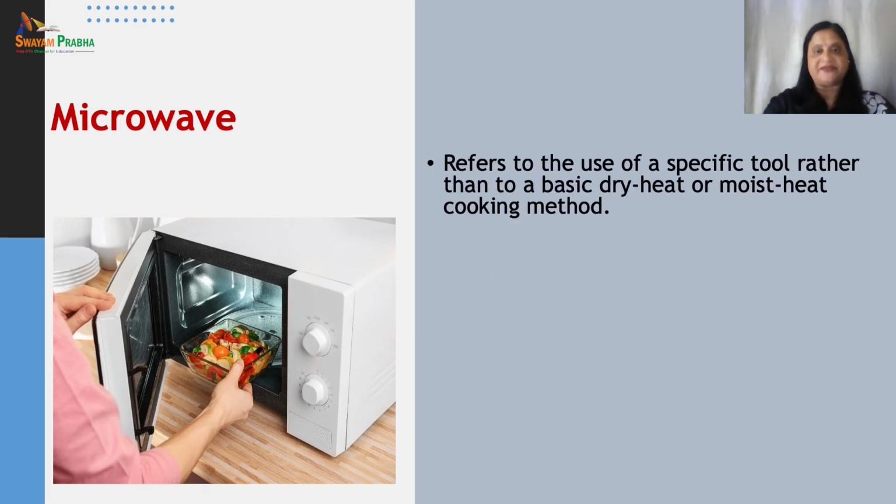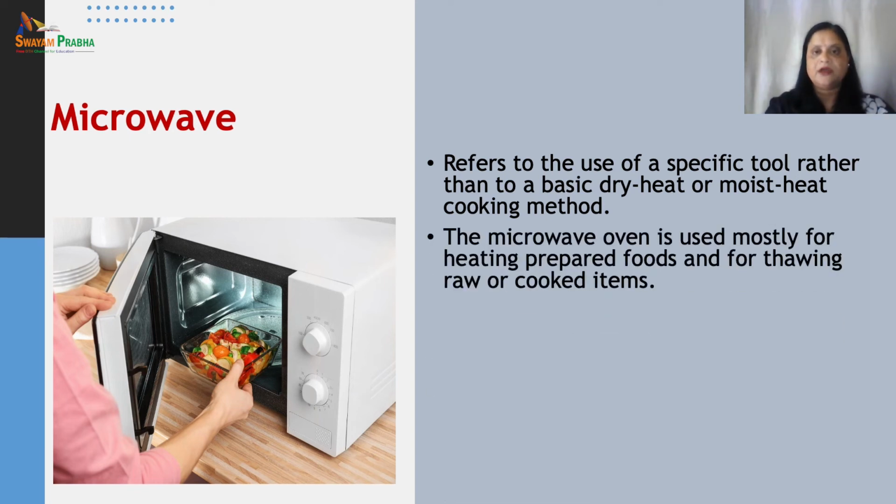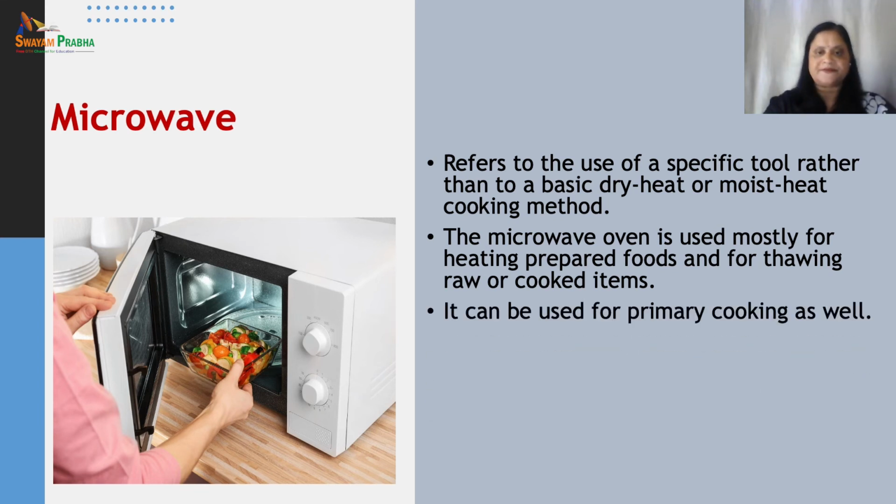Microwave cooking method. Microwave cooking refers to the use of specific tool rather than to a basic dry heat or moist heat cooking method. The microwave oven is used mostly for heating prepared foods and for thawing raw or cooked items.